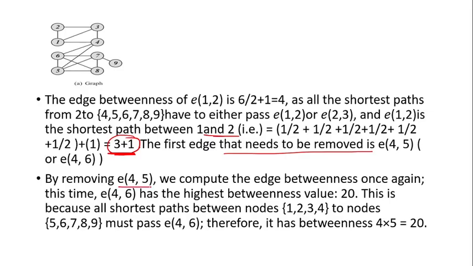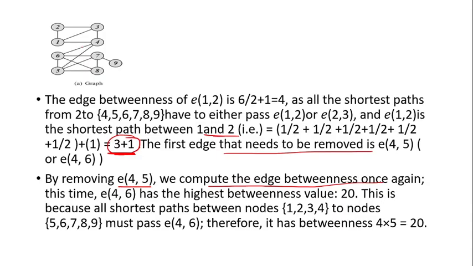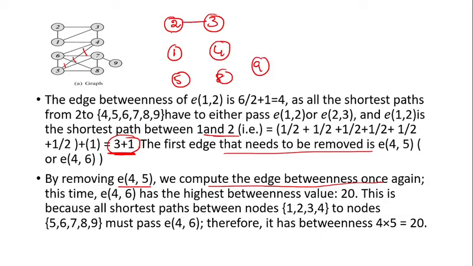So by removing 4 5, you have to compute the edge betweenness again. Initially let's say 4 5 you are deleting, so this edge will be deleted. The resulting graph will be like 2 3, 1 4, 5 8 9, this is there, this is this.